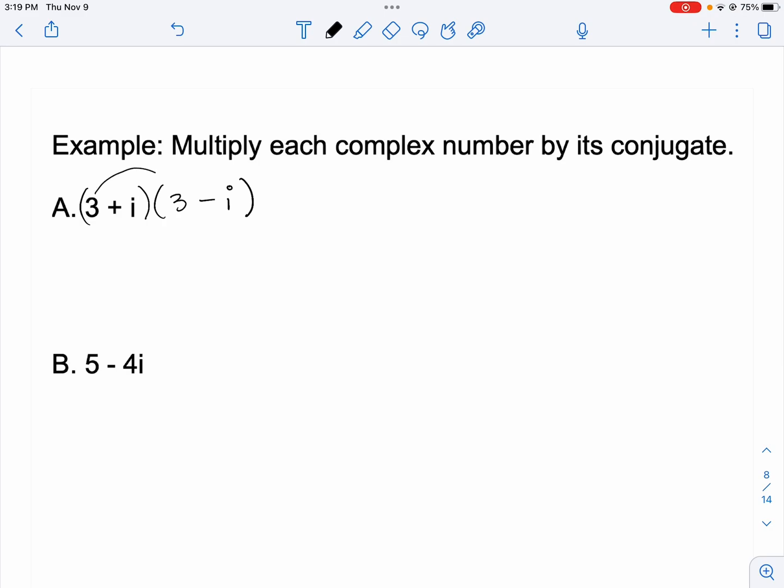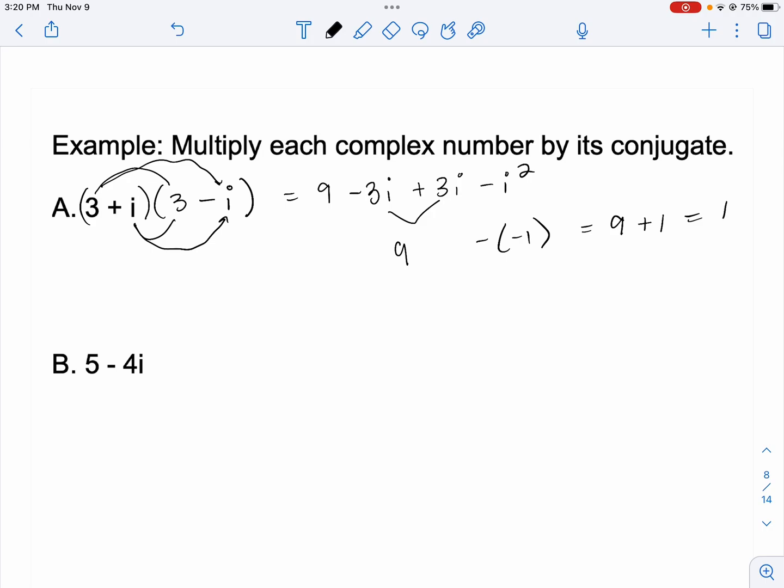Let's multiply. 3 times 3 is 9. 3 times negative i is equal to negative 3i. i times 3 is positive 3i. And i times negative i is minus i squared. These add to be 0. i squared is -1. So we have 9 minus -1, which is 9 plus 1, which is 10.